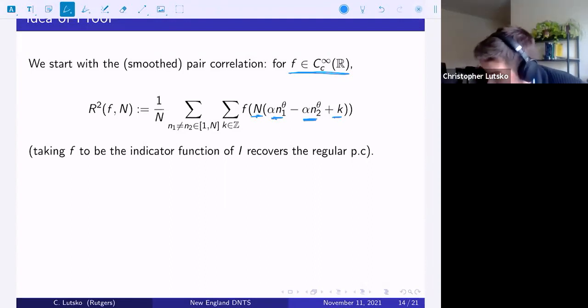So if f was the indicator function of my interval I, then I would just recover the regular pair correlation as I stated it earlier. Okay, make sense? I haven't done anything but just smooth out the indicator function.